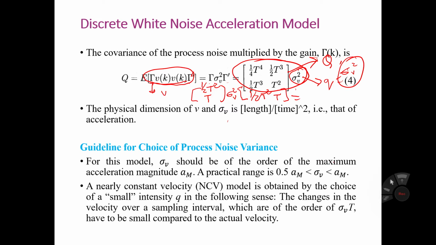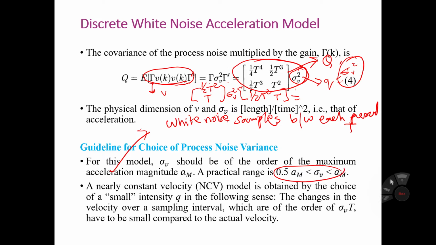It is the acceleration of the white noise samples between each sampling period T. This should be of the order of the maximum acceleration magnitude a_m. The practical range is from 0.5 a_m to a_m.